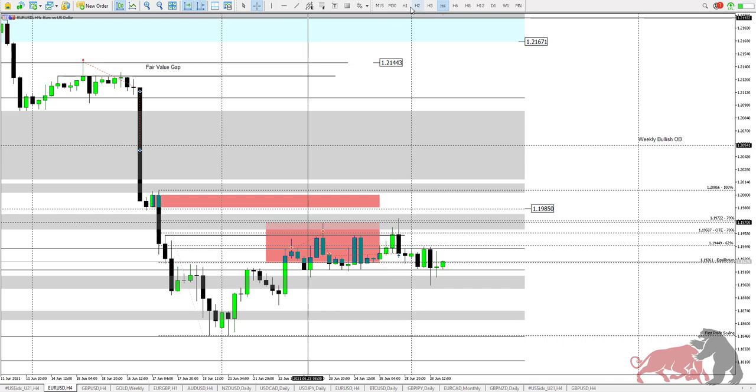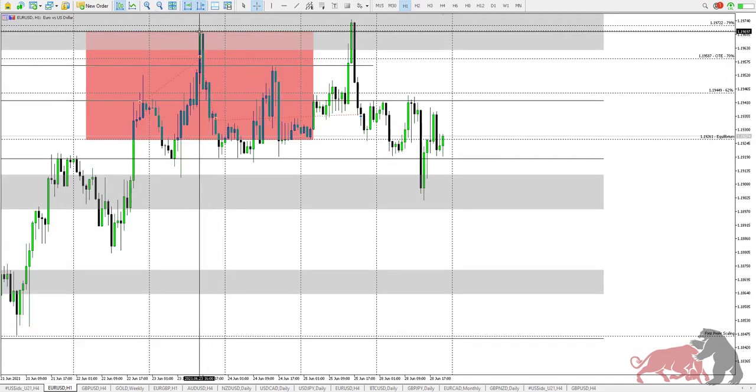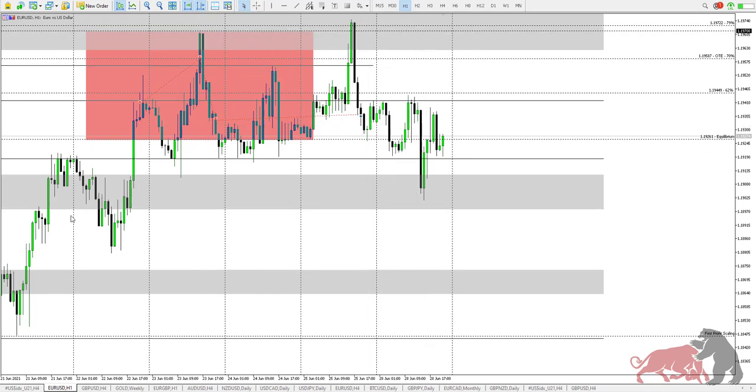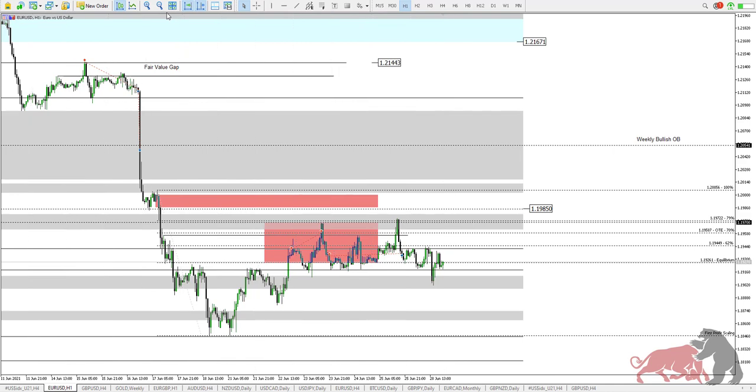And if we come to the hourly chart, you can see how it offered great shorting opportunities, more than 100 pips in total, just from one pair.